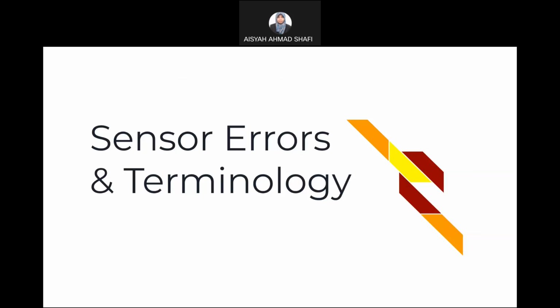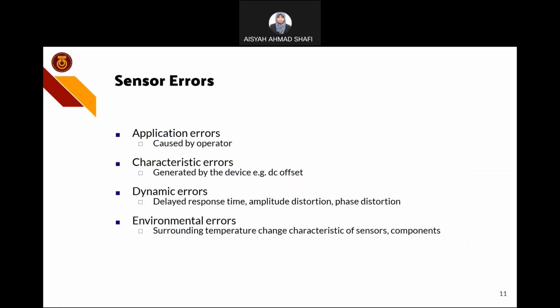Alright, so in sensors, we need to understand several errors and terminology. For the sensor error, application error is error caused by the operator. Characteristic error is error generated by the devices, for example DC offset.